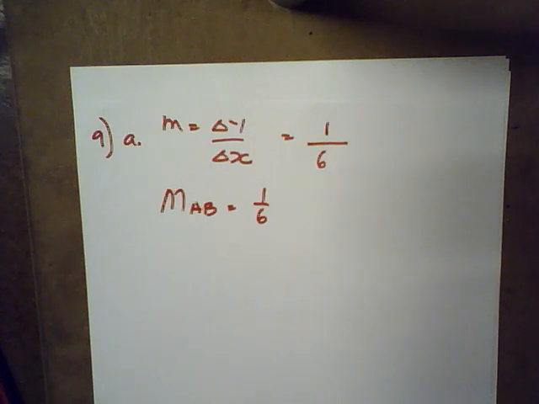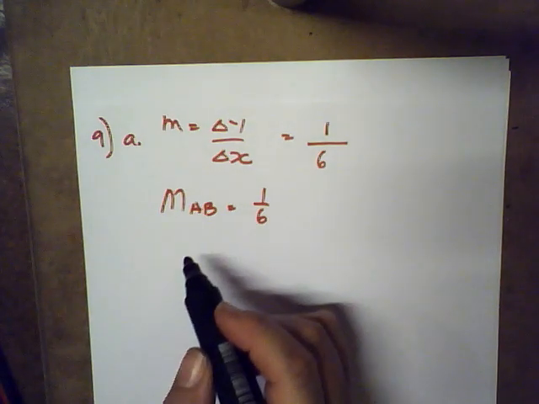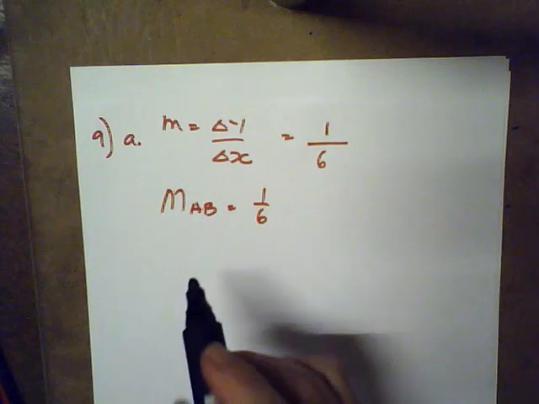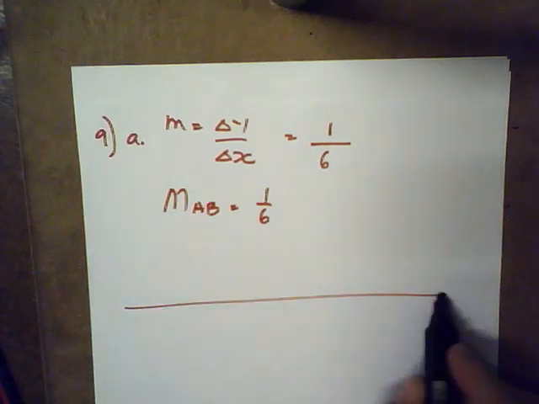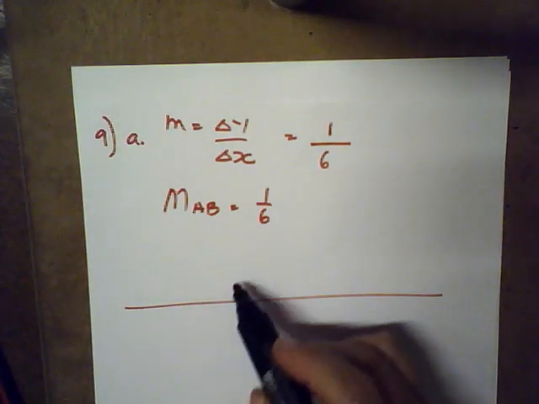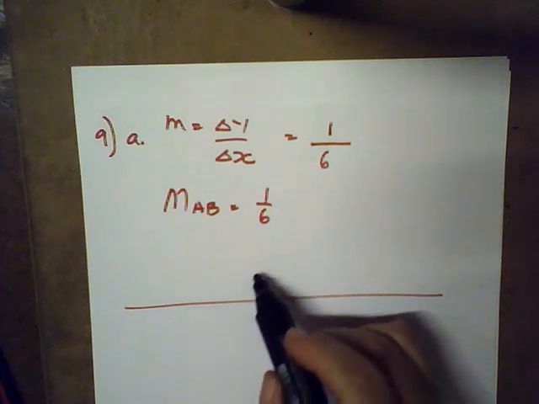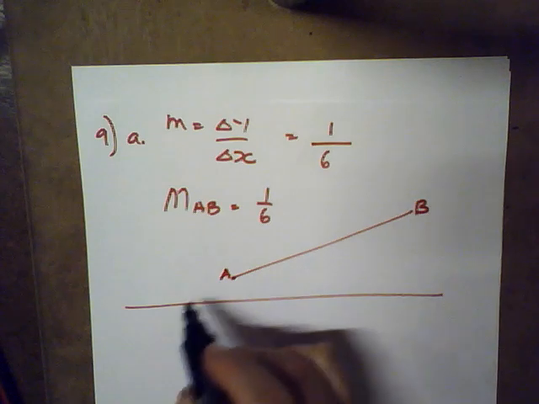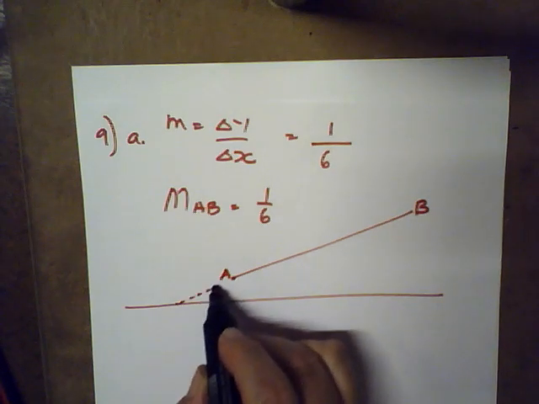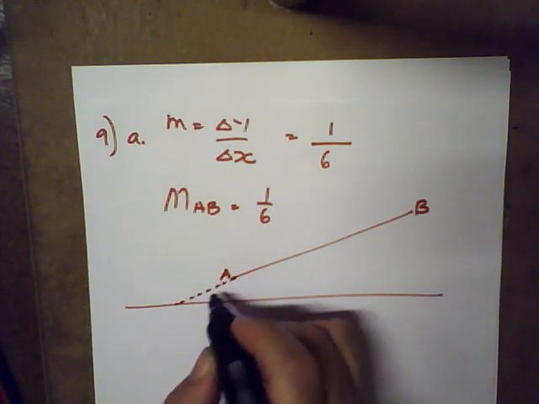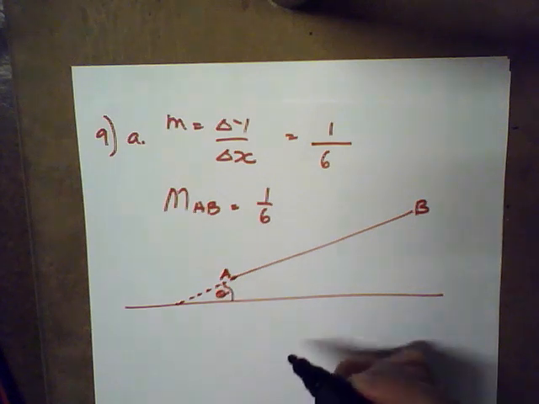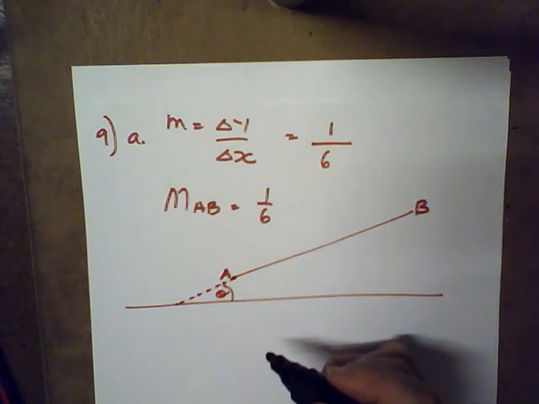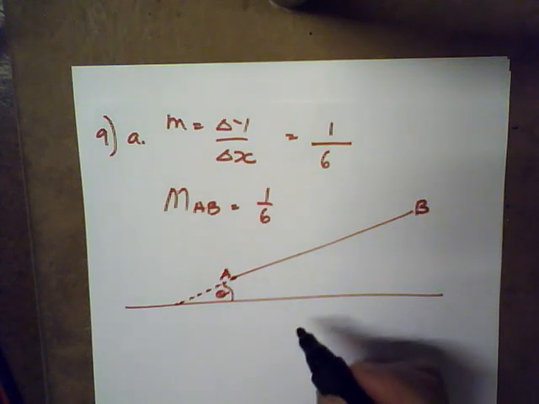Then the next bit, they ask us to calculate the angle that AB makes with the x-axis. Something interesting is that if I extend the line AB, the angle will stay exactly the same. So that would be angle theta, and we want to find what this angle would be compared to the x-axis.